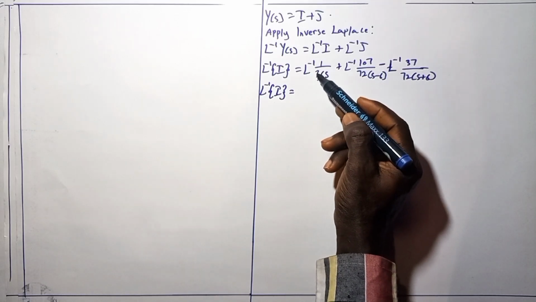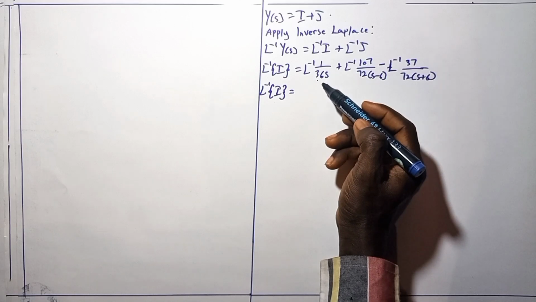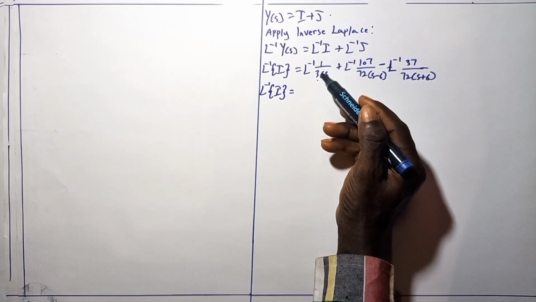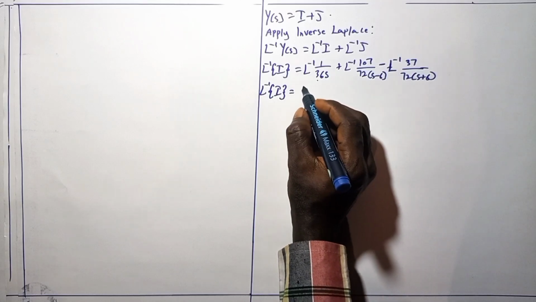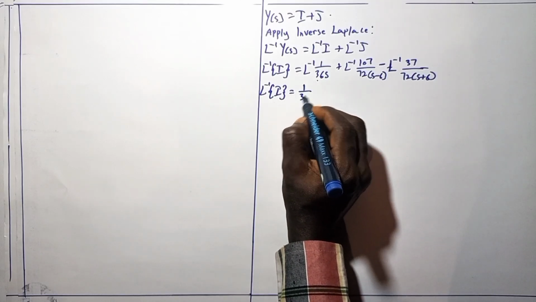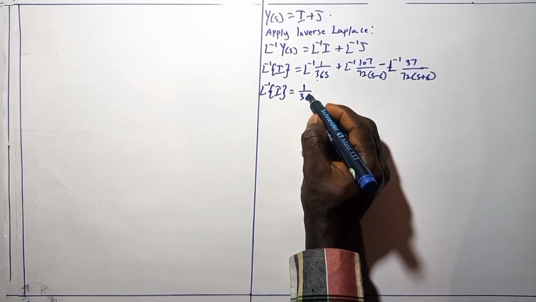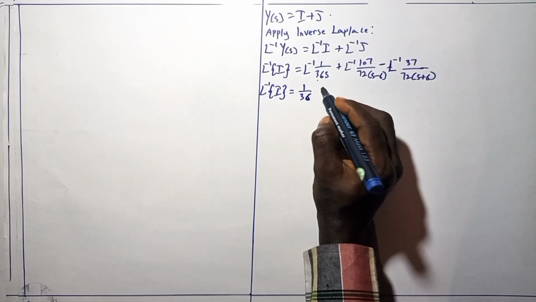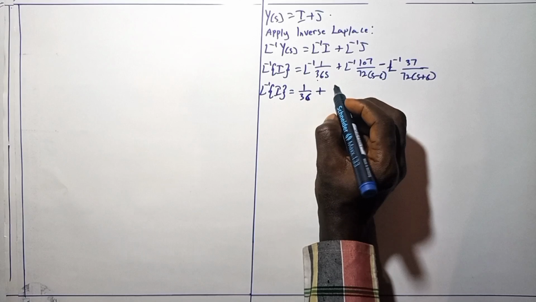So I'm left taking the inverse Laplace of 1 over s, which, as we all know, is 1. So 1 times that 1 over 36 is going to be 1 over 36. Now 7 over 72 is a constant, bring it out.